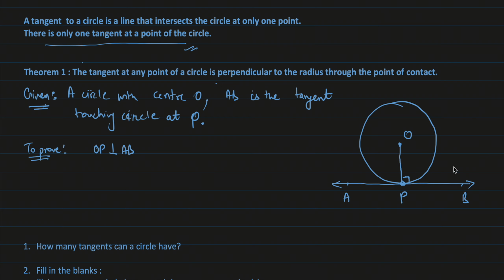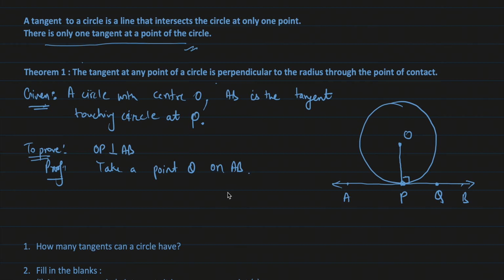So what we do over here is, let's take a point outside the circle on this line AB. Let us say I take a point Q. So to do the proof, take a point Q on AB.